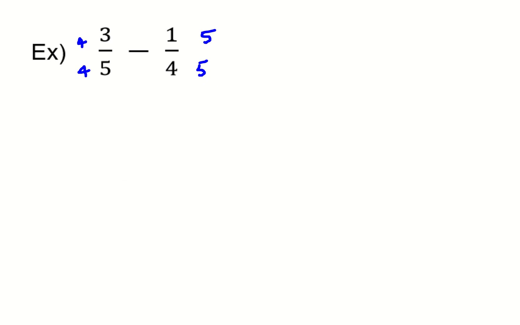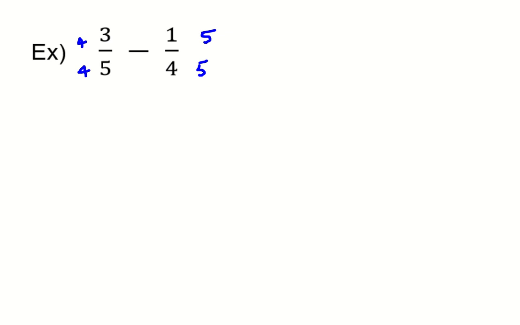Now remember, whatever final answer you get, it should be in reduced form. So 12/20 minus 5/20 is 7/20, and 7/20 can't be reduced, so you'd be good.